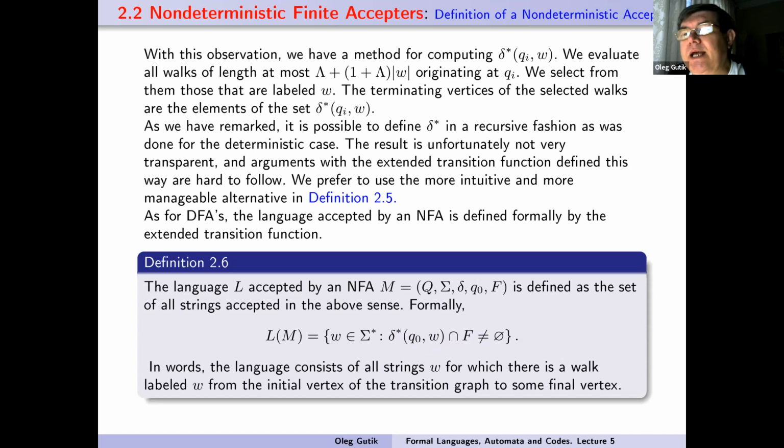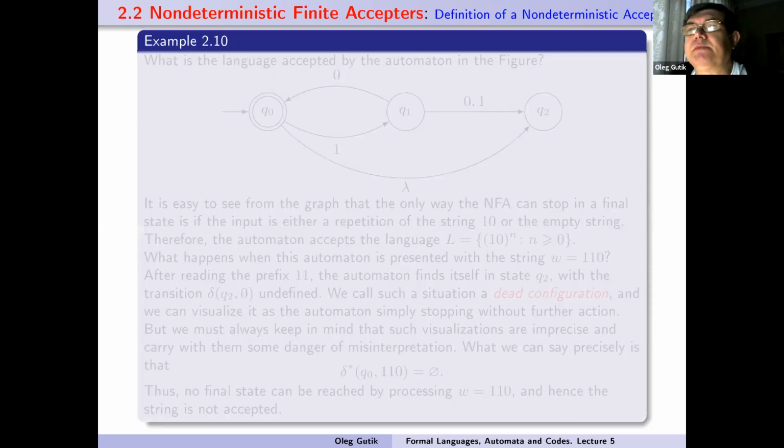In other words, the language will consist of all strings W for which there exists a walk labeled by W from the initial vertex of the transition graph to some final vertex. Example: what is the language accepted by the automaton in the following figure?